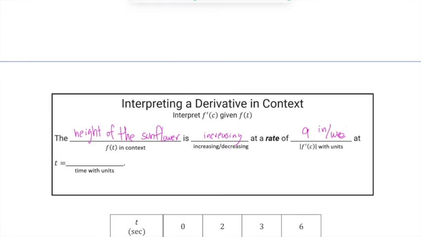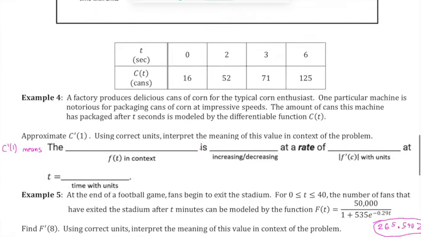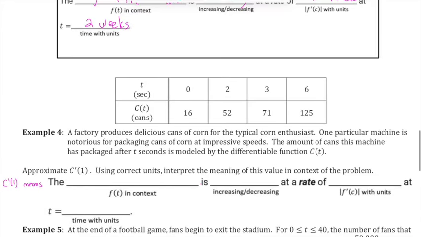Inches per week at t equals 2. But again, please specify with units, 2 weeks. So that's kind of a sentence frame when you're using derivatives. So this is kind of a question with the sentence frame answers. I just cut and copied it because I'm lazy. You would have to write all of this out.